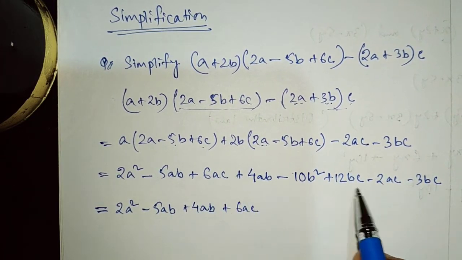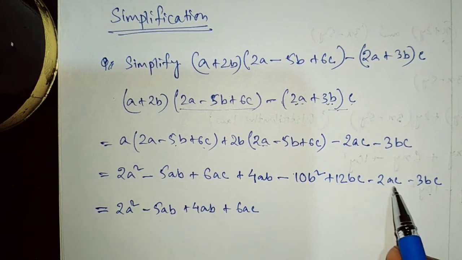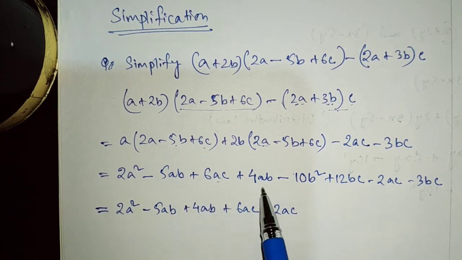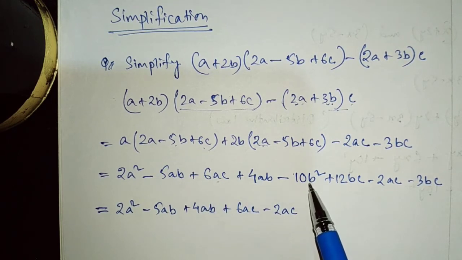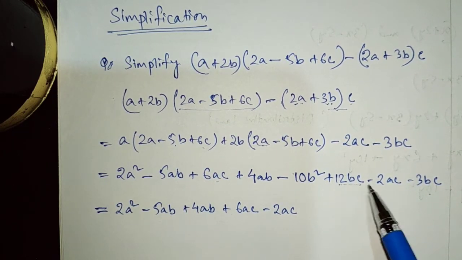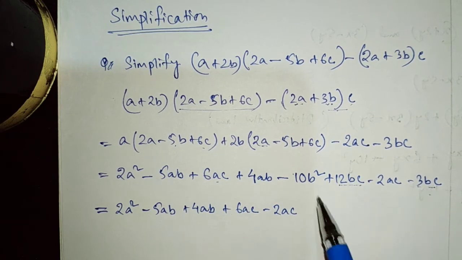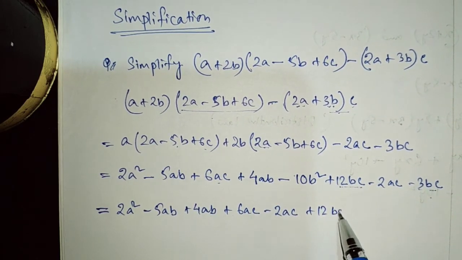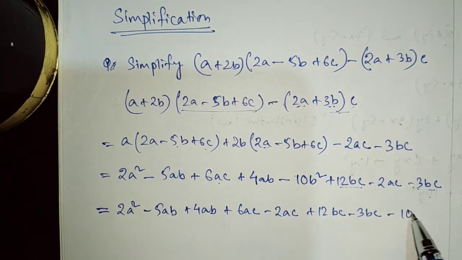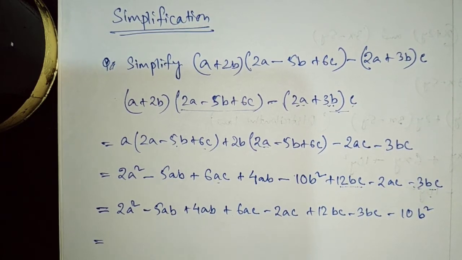Do we have more ac here? Here minus 2ac. After ac, ab we have already taken. Then let's take bc: plus 12bc minus 3bc. Then we'll take the b square term, minus 10b square.